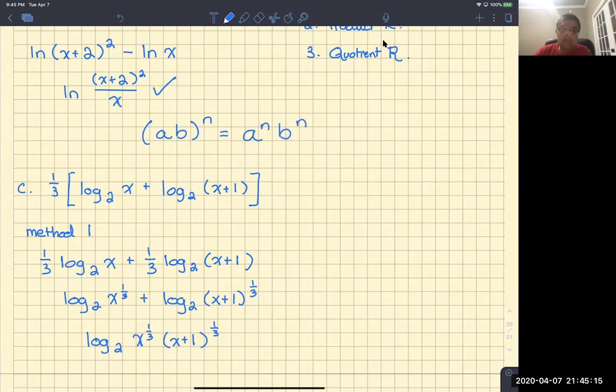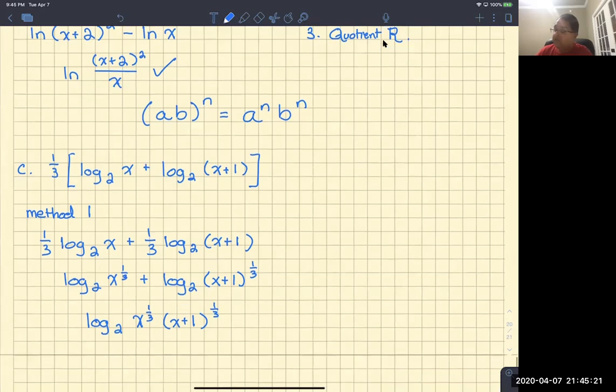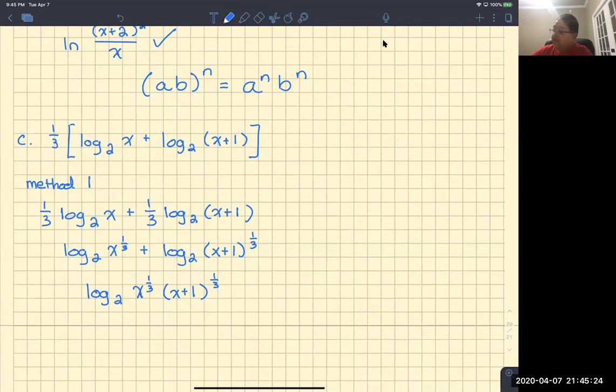That's the power of a product rule of exponents. So I can rewrite log base 2 of x to the 1/3 times (x plus 1) to the 1/3, since both of these numbers are being raised to the 1/3 power, as log base 2 of x times (x plus 1), all to the 1/3.